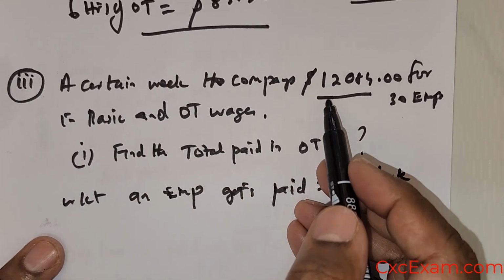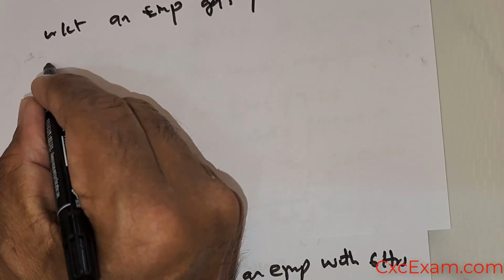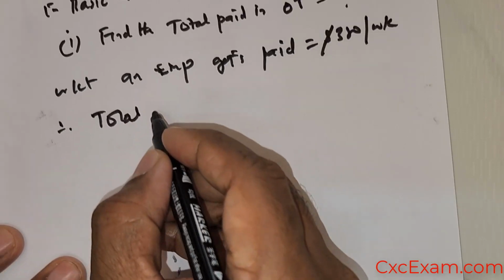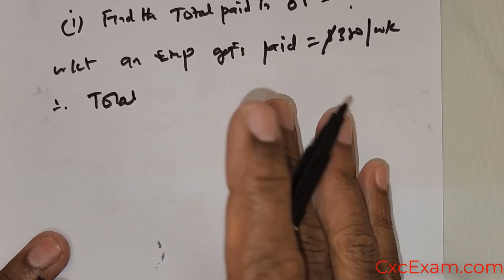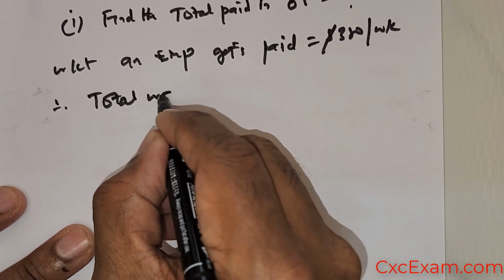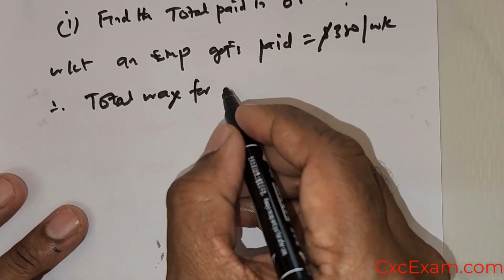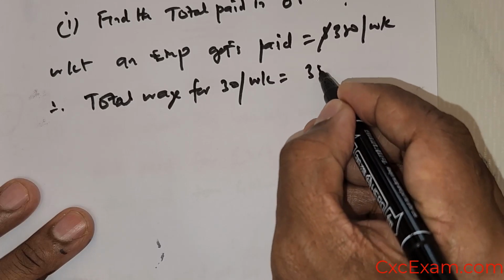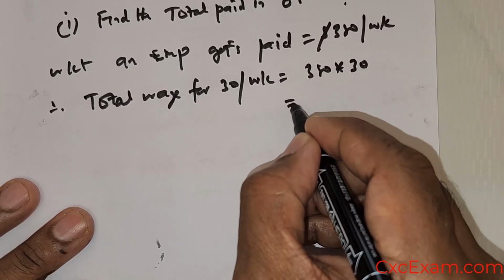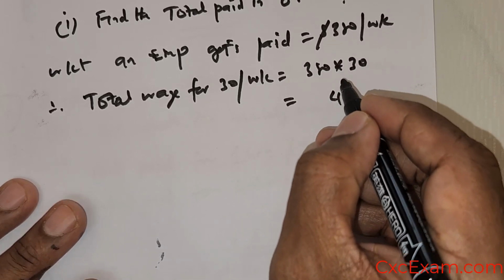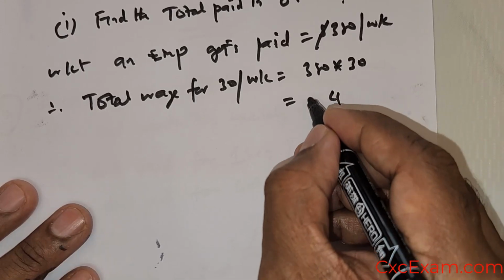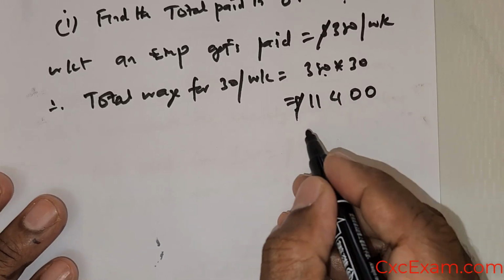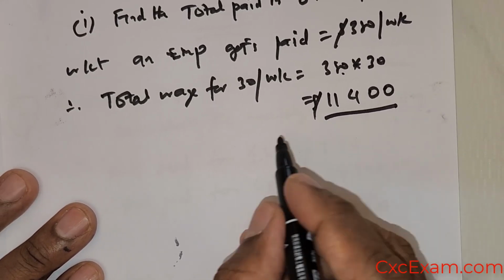This is for 30 employees. So therefore the total wage for 30 employees for the week will be 380 multiplied by 30. 3 threes are 9, 10, 11. You have 2 zeros, place that. So this is the total wage.